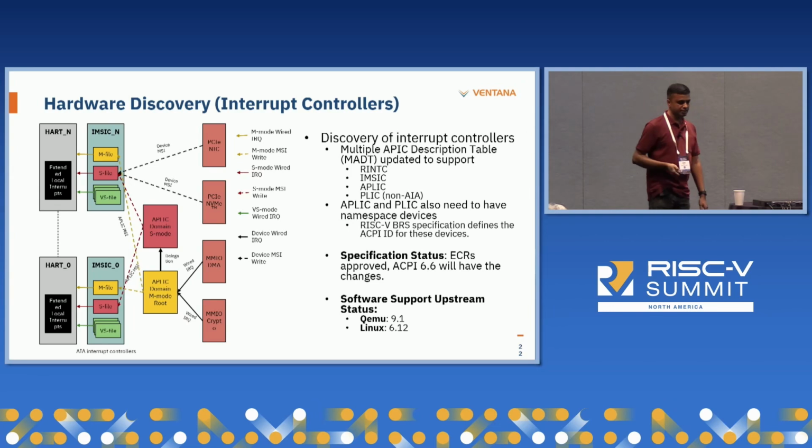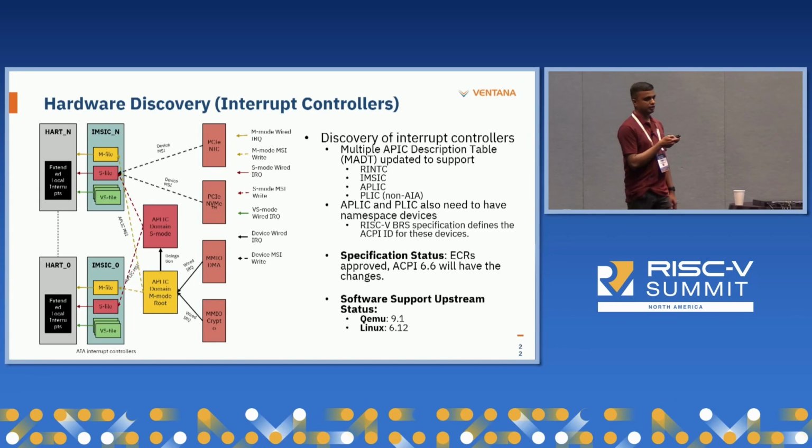When we initially started this effort, we were focusing only on the server class platforms where, like Ved mentioned, MSI controller is mandatory. However, we also enabled the existing PLIC because even existing hardware can support ACPI. So for developer options, people can use the existing hardware and add ACPI support on that. We basically added all 4 interrupt controllers: local interrupt controller, MSI controller, APLIC, and PLIC.